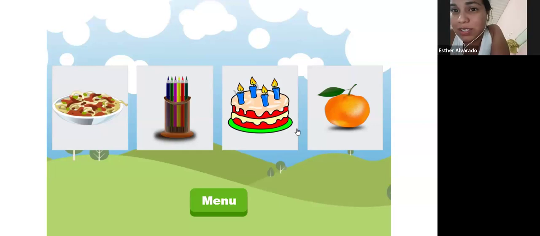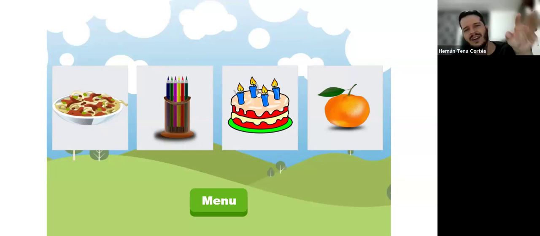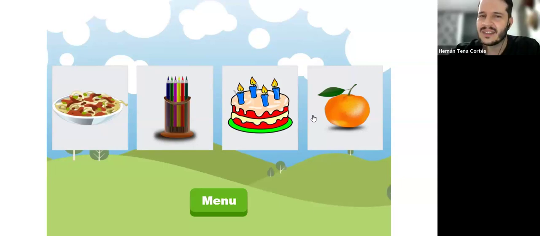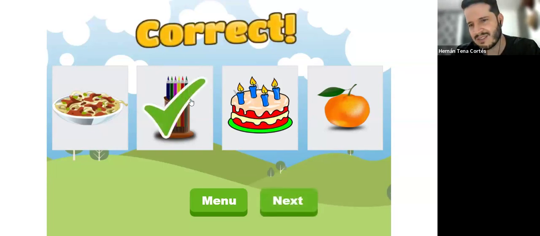What category would you say 1, 3, and 4 are? They're all food. These three are food. 1, 3, and 4 are food, and number 2 is not a food, right? So there it is.